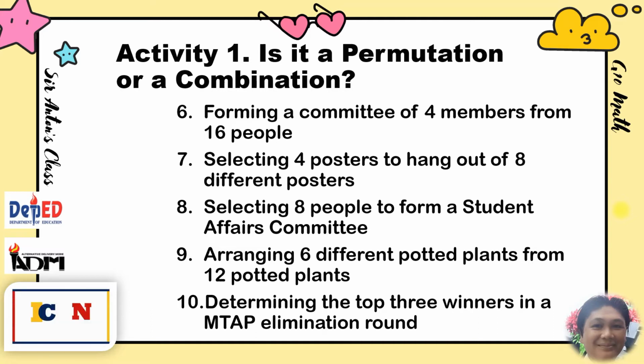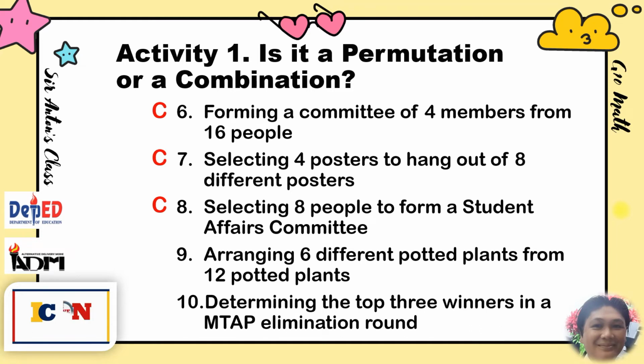So number 6. What do you think? Forming a committee of 4 members from 16 people? That is a combination. How about selecting 4 posters to hang out of 8 different posters? That is also a combination. Number 8, selecting 8 people to form a student affairs committee. That is another combination. Then arranging 6 different potted plants from 12 potted plants.